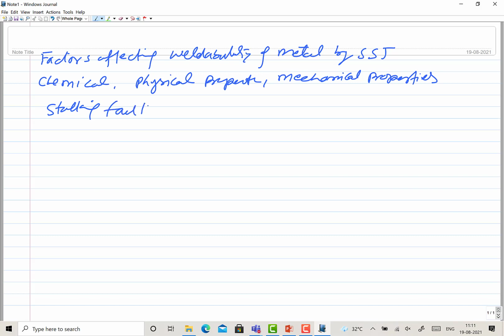Okay, so this is one of the metallurgical terms, stacking fault energy. In short, it is written as SFE. So the metals having low SFE, they show a very high strain hardening tendency.